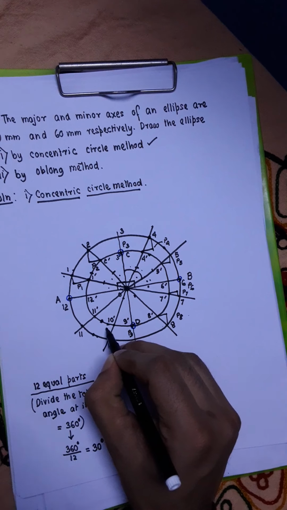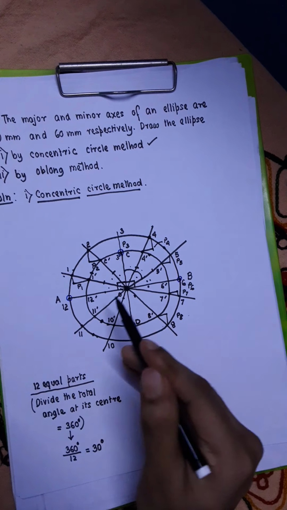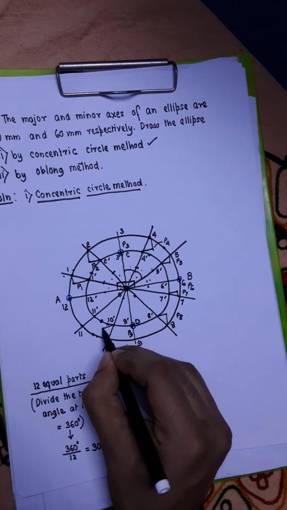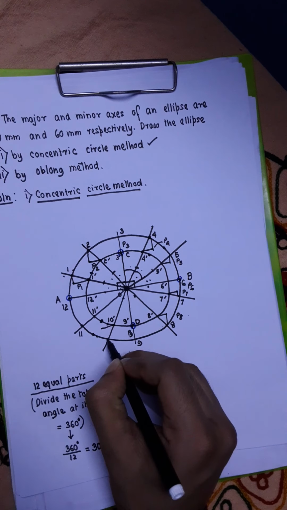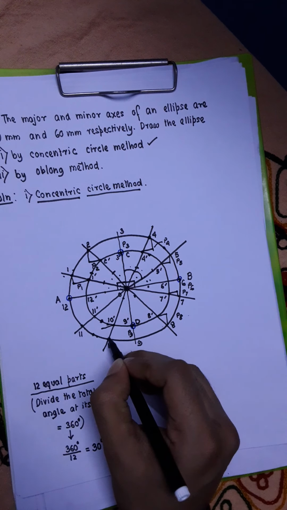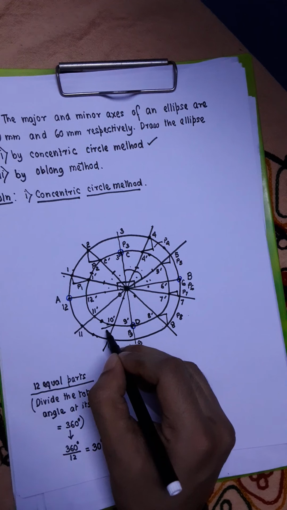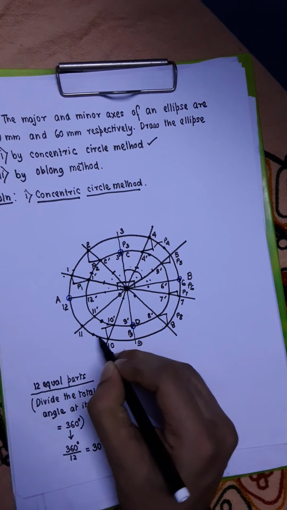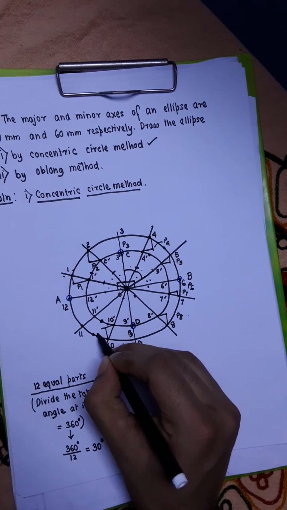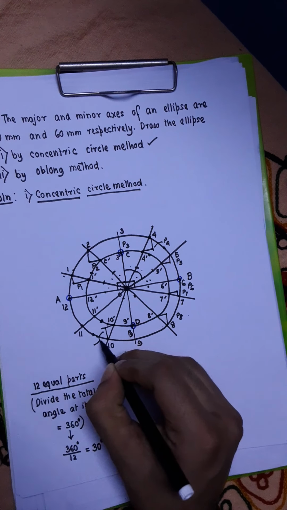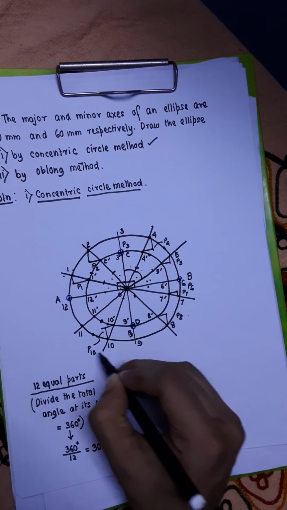So from 10 dashed we should draw a line parallel to the major axis. So from 10 dashed we should draw a horizontal line. And 10 is a point lying on the major axis circle. So from point 10 we should draw a line which is parallel to the minor axis. That is a vertical line. So wherever these two lines intersect, that point is P10.